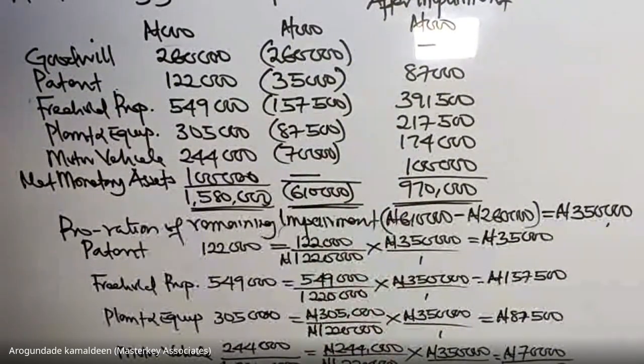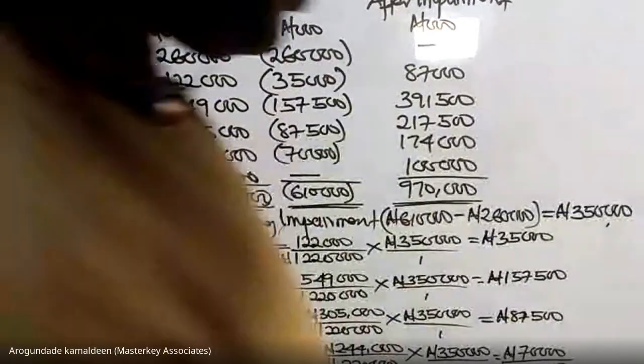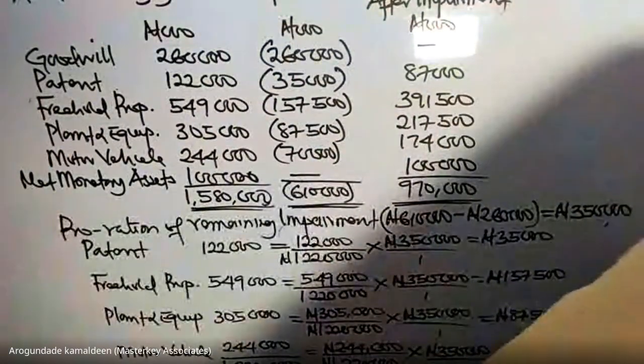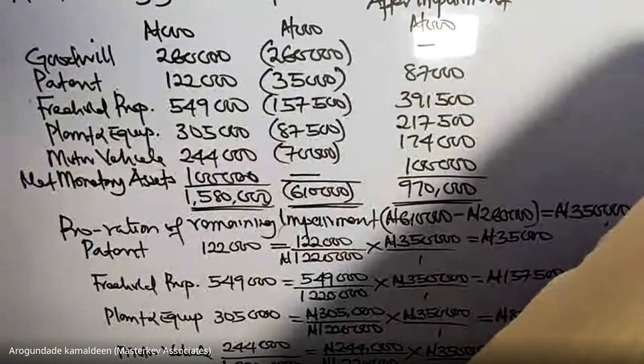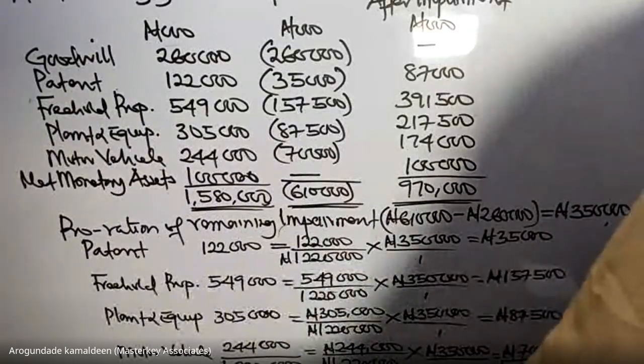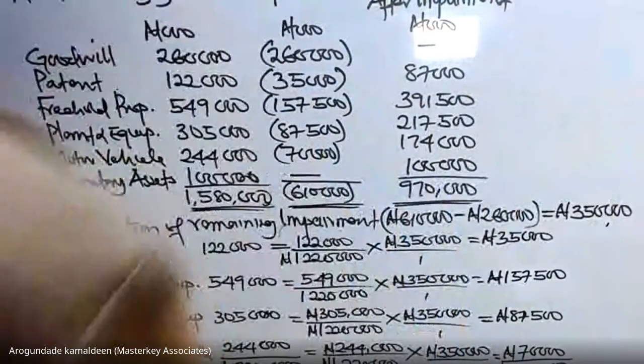Now, question 6 says, show the accounting entries. Of course, for every impairment, we need to show the effect in the financial statement. And that is done through the accounting entries.